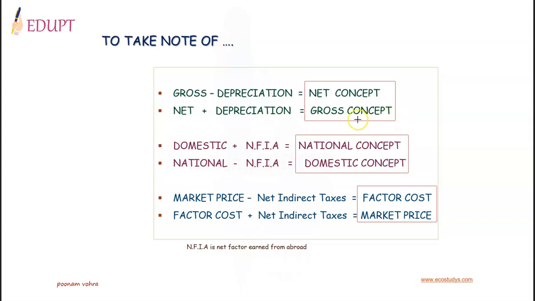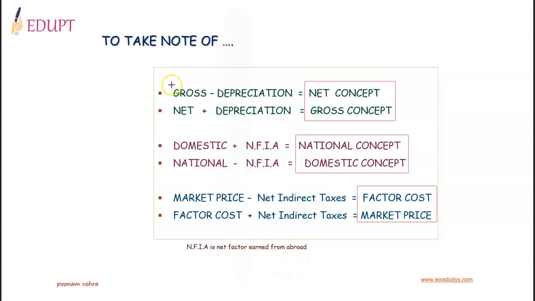For gross and net concept, one needs to either deduct or add depreciation. For national and domestic concept, it is net factor income earned from abroad. And for factor cost and market price, it is net indirect taxes.